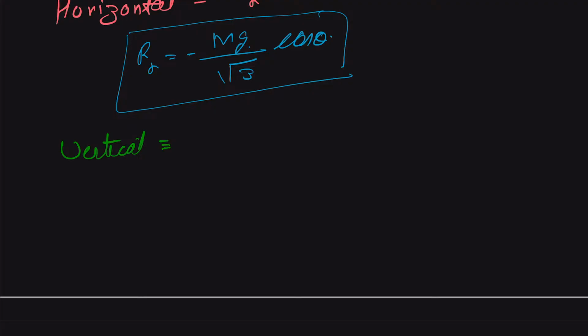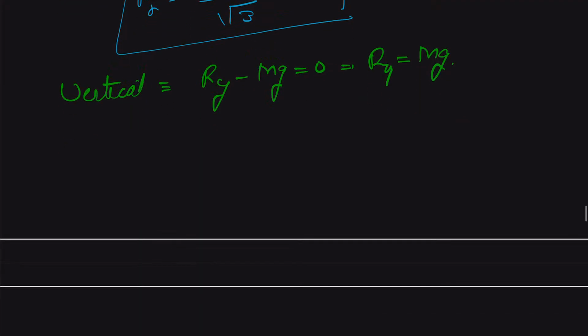Then we come to the vertical part. Vertically, we have R of y minus mg should be equal to 0, or we can say that R of y is equal to mg. And from here we can easily calculate the magnitude. The magnitude will be equal to the square root of R of x square plus R of y square.